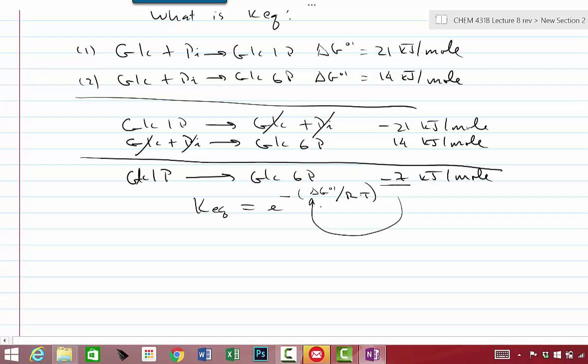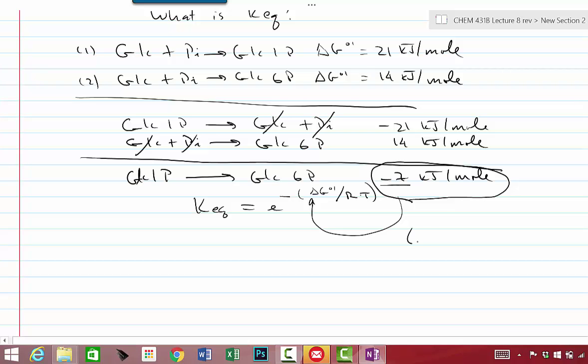And you can tell by looking at this, and you should do this constantly whenever you have these equations, you should say, okay, you know what? I know that my K equilibrium is going to favor my products, in this case, because it's an exergonic reaction.